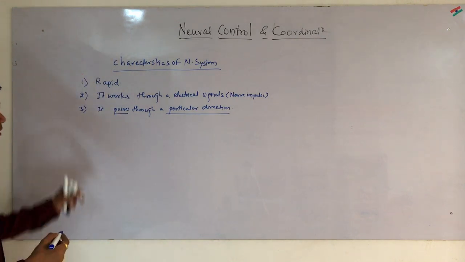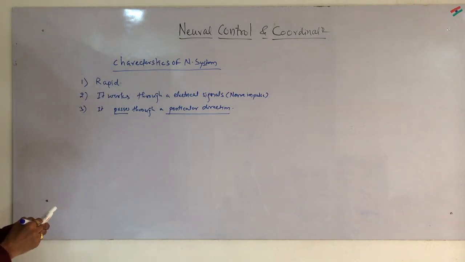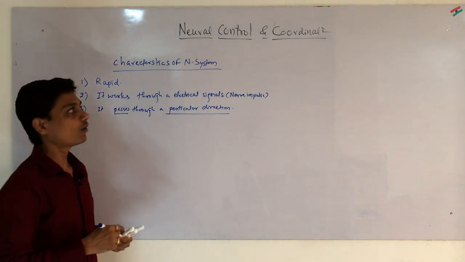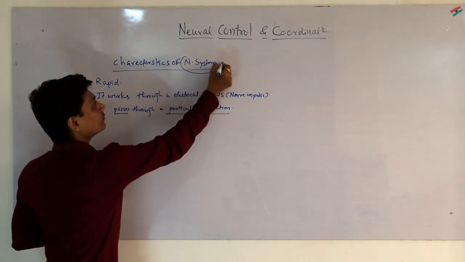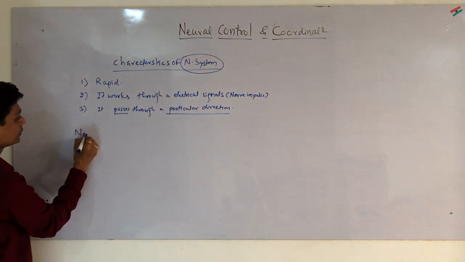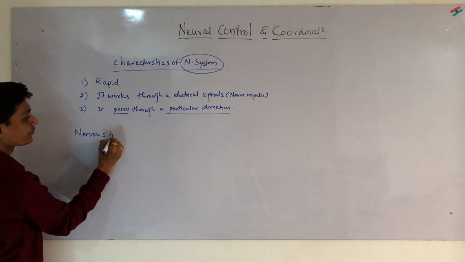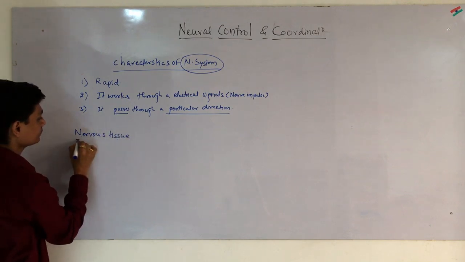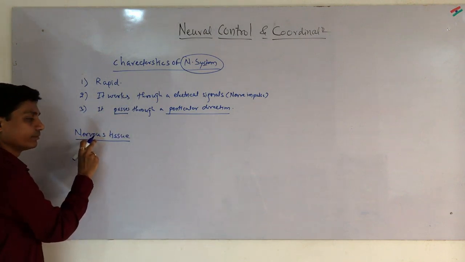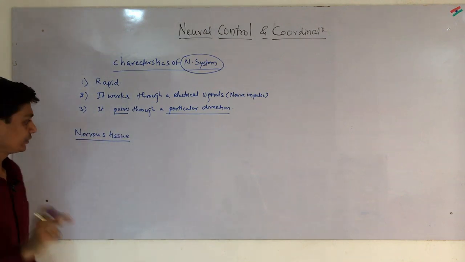These are the three main characteristics of the nervous system, and this nervous system is composed of nervous tissue, meaning all the nervous system is made up of this nervous tissue.